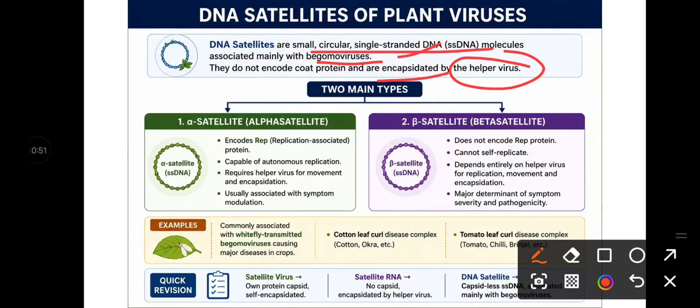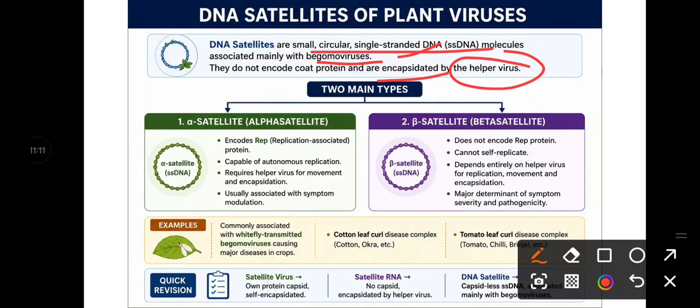So the difference mainly between the DNA virus and DNA satellites. The main difference is the DNA satellites can't synthesize their own coat protein. They need a helper virus for encapsulation or for synthesis of the coat protein.